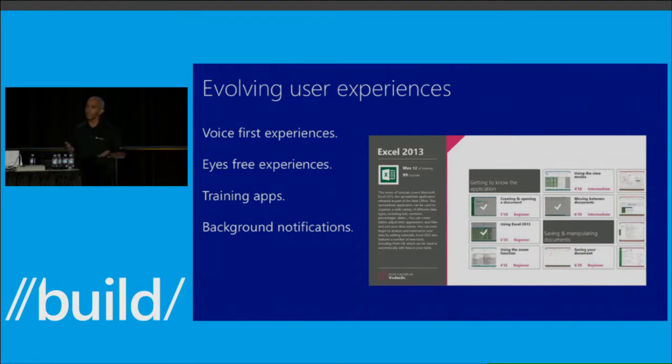So the possibilities are endless. Ultimately, text-to-speech enables a differentiated experience in your apps to provide more value. And so what that means is that users will be more willing to go ahead and purchase your apps from the store as compared to an app that doesn't have this type of experience.